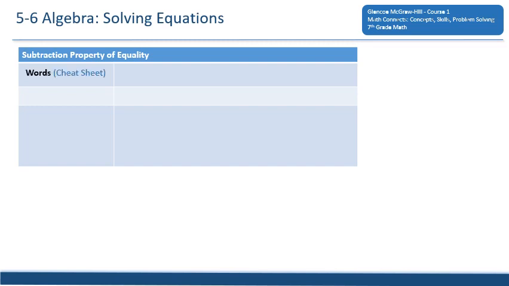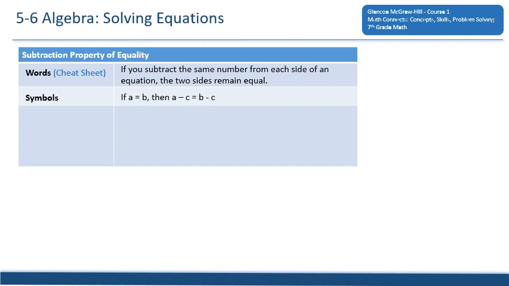Subtraction property of equality. In words, if you subtract the same number from each side of an equation, the two sides remain equal. In symbols, if A equals B, then I can subtract C from both sides and it will remain equal.